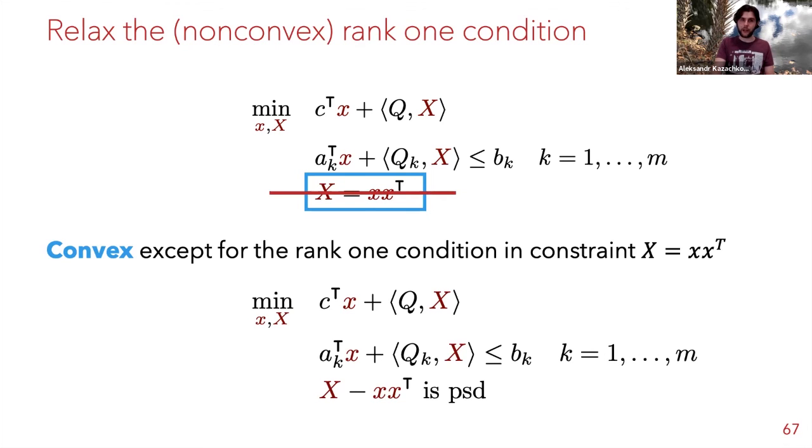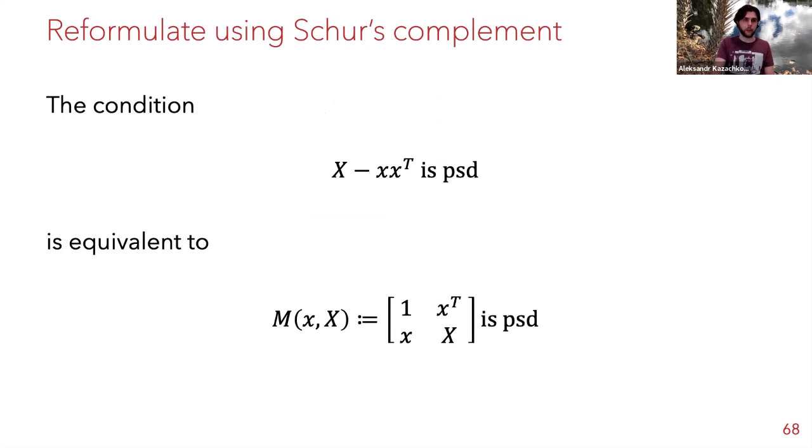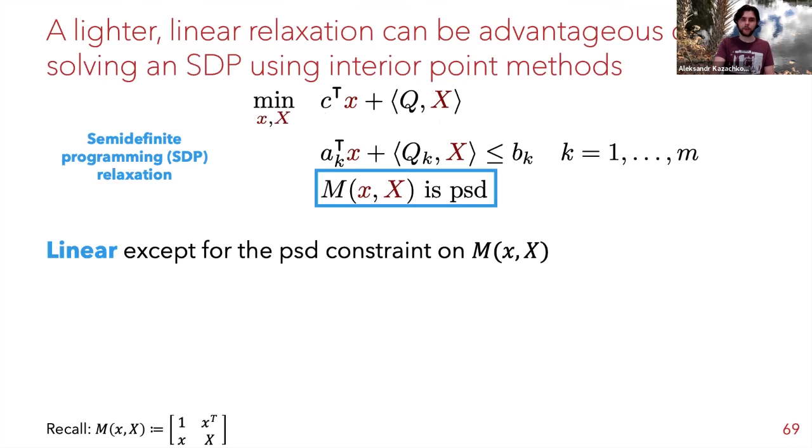We're then left with a convex optimization problem, and we can reformulate it using Schur's complement, as X minus xx transpose is PSD if and only if the matrix M, which is a function of little x and big X, is PSD, and that matrix is shown below. So then we have this semi-definite programming relaxation, because now we have that the matrix M is PSD, and that's the constraint that we've added, and it's convex, but it's still expensive to solve.